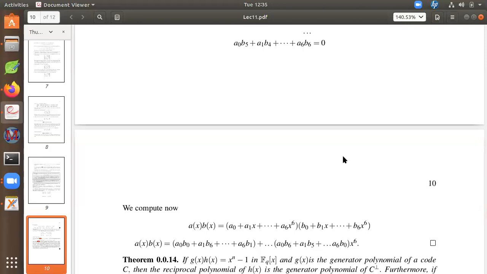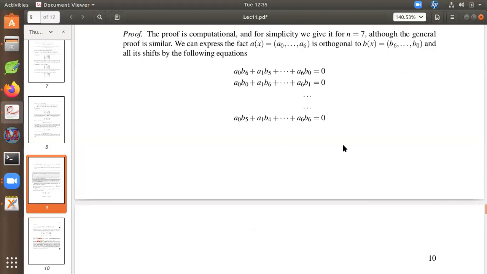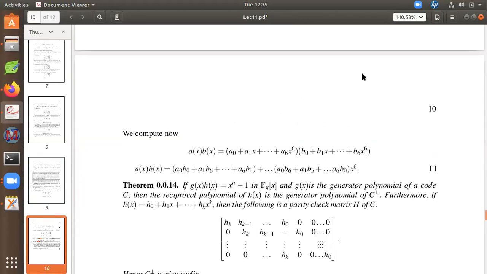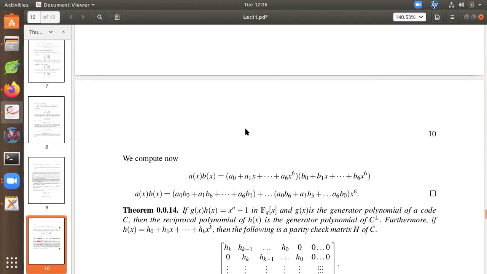I am taking n equal to 7 for understanding purposes, doing modulo x power 7 minus 1, so x power 7 equals 1. So a0 into b0 is a constant, and a1 into b6 is again a constant in this product. Again, it is a polynomial of degree at most 6 when I am doing modulo x power 7 minus 1. And these are the terms.